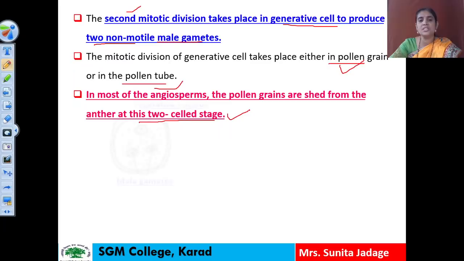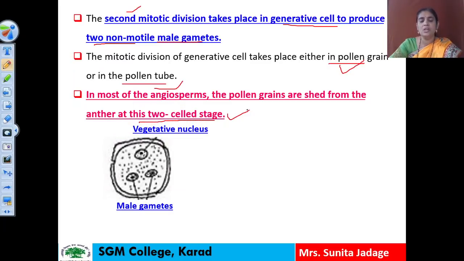So how this happens, we have to see here in this diagram. If the pollen grains are producing two male gametes at the pollen grain stage, then the structure looks like this. This is the vegetative nucleus, and the generative cell is dividing into these two male gametes, and this is known as a three-celled stage.